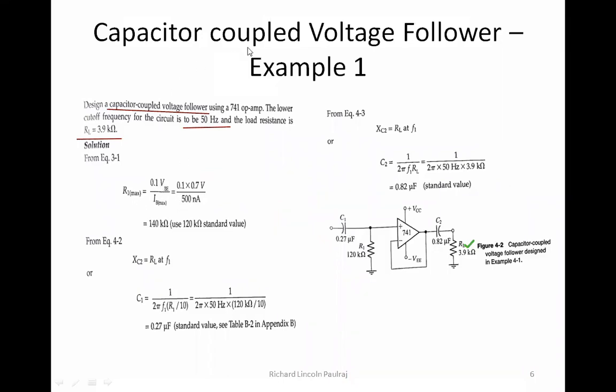Okay, so what we do is we have this formula. If you remember, yesterday we dealt with this formula where R1 max is equal to 0.1 times VBE divided by IB max. So 0.1 into 0.7 divided by 500 nano. 500 nano, we have already seen this in previous characteristic tables, right?